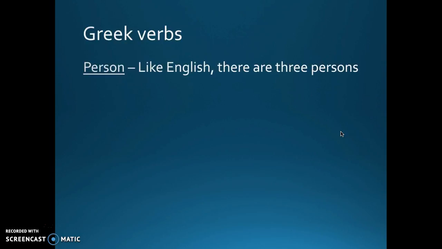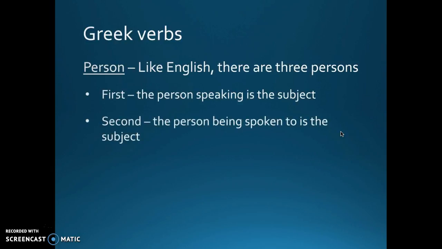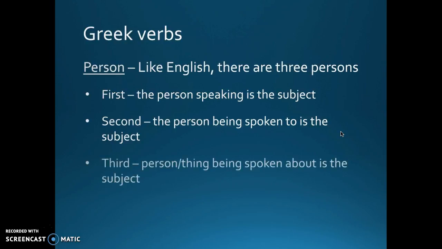Greek verbs have person, like English. The three persons. In first person, the person speaking is the subject. In second person, the person being spoken to is the subject. And third person is the person or thing being spoken about.